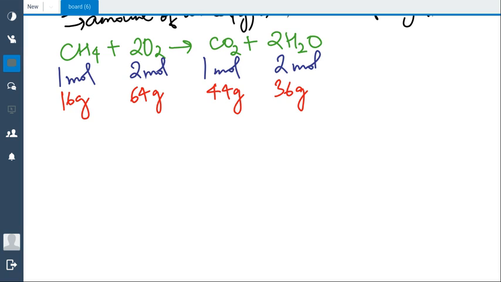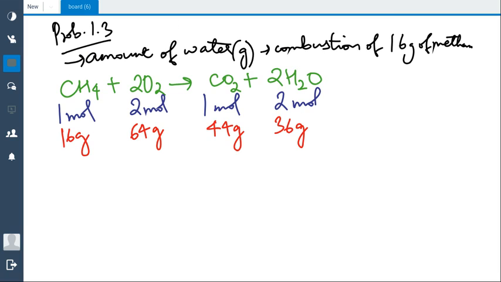So from this, we'll write the next equation. Now, what would that be? According to our question, we have to find the amount of water. So we need to calculate water by the combustion of 16 grams of methane. So we are concerned about methane and water.